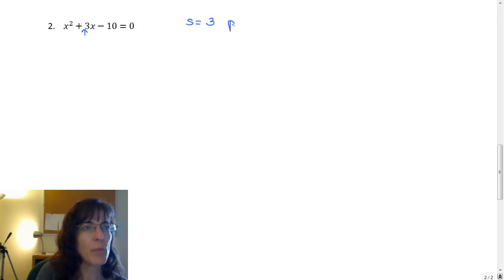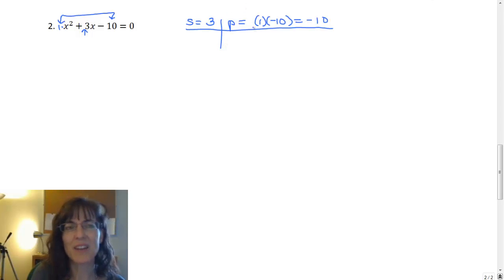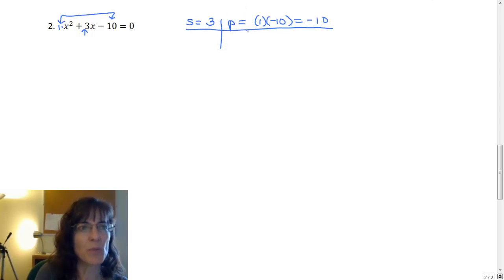And then for my product, remember, we're going to look at the lead coefficient, which is an implied 1, and the negative 10 for the constant. So my product is 1 times negative 10, which is just a negative 10. So I'm looking for things that multiply to give me a negative 10 and add up to a positive 3.